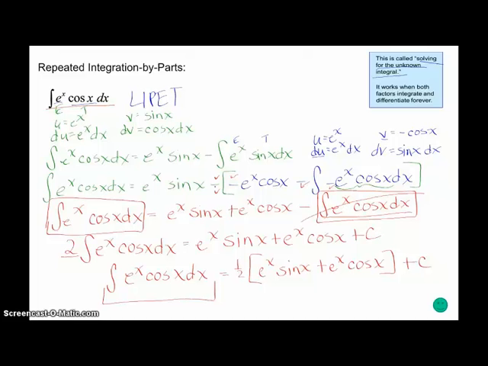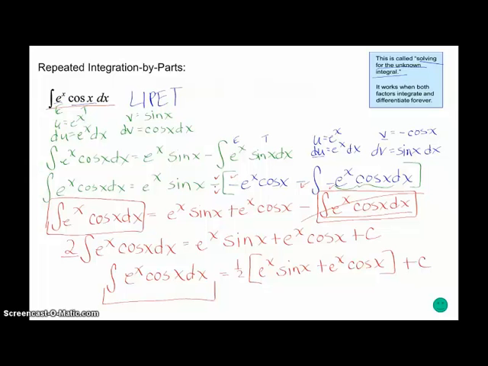So sometimes we can use Escalante's shortcut. The biggest clue there is that one of our functions is going to integrate down to 0. But if we have repeated derivatives and antiderivatives in our functions, and this happens a lot with exponentials and trigs, we could get caught in this infinite loop and keep doing repeated integration by parts over and over again.